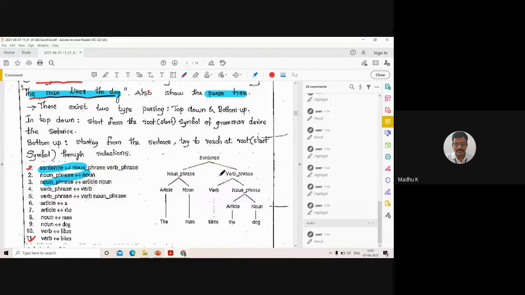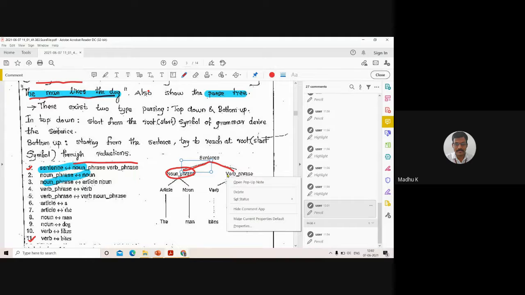Then what we will do next? We replaced the sentence with the right hand side of the production. Now we focus on noun phrase and verb phrase.